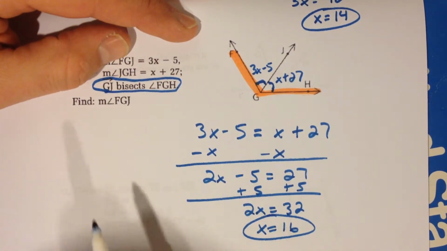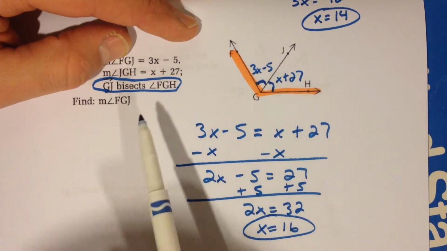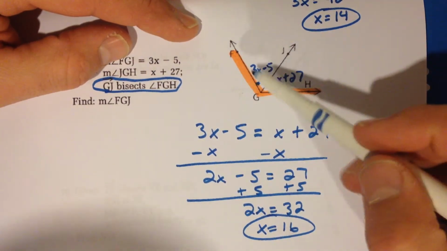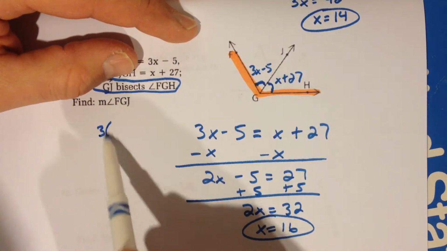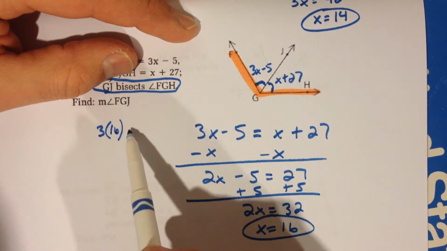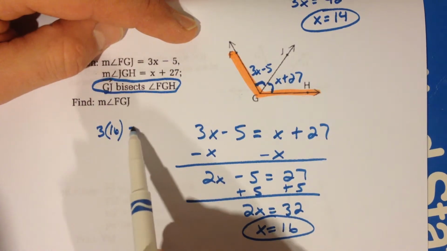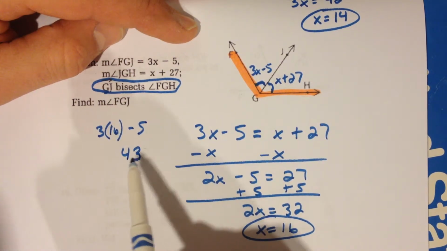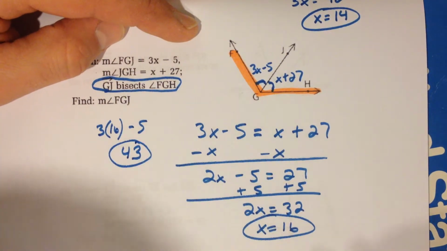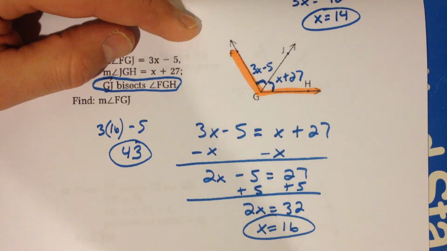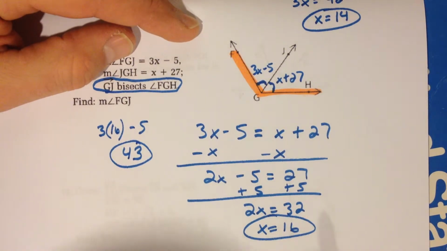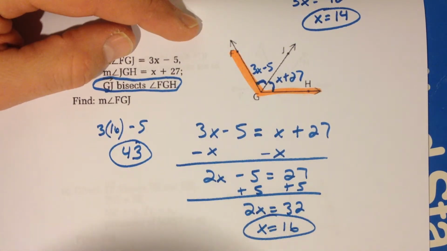If you plug it back in, now it wants FGJ, so it wants this one right here. Obviously this can be the same as the other one, but you plug it back in, that's 48 minus 5, so that's 43. If you plug it in the other one, 16 plus 27 is also 43. So I must have done it right. It's kind of good to check both of them.